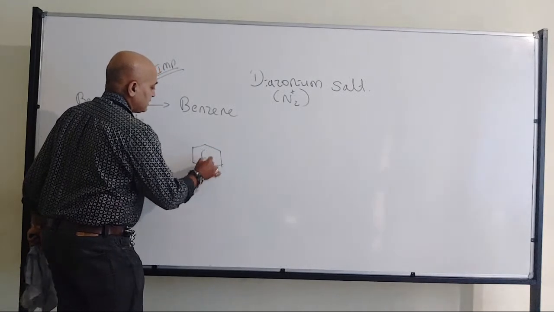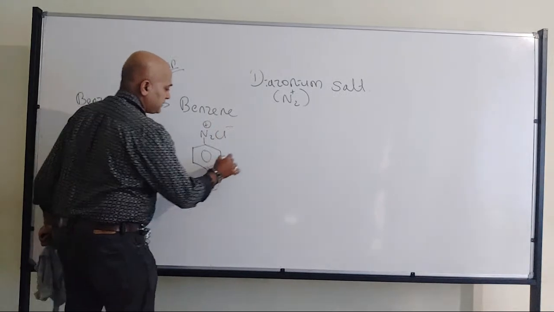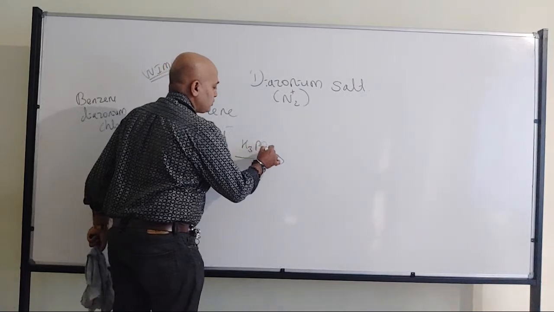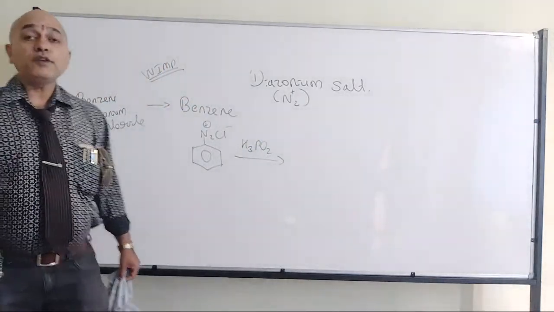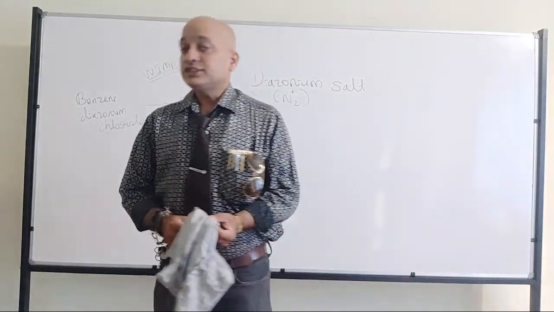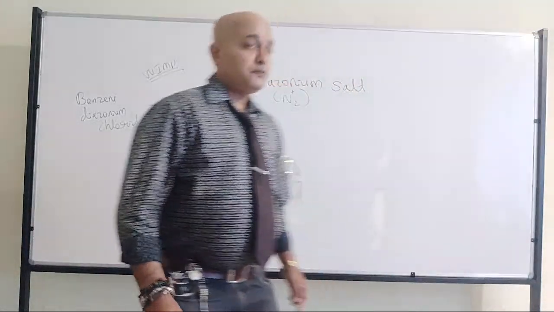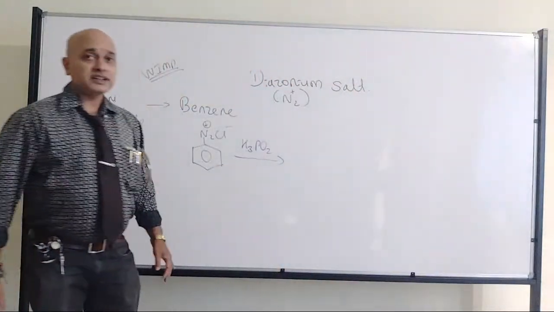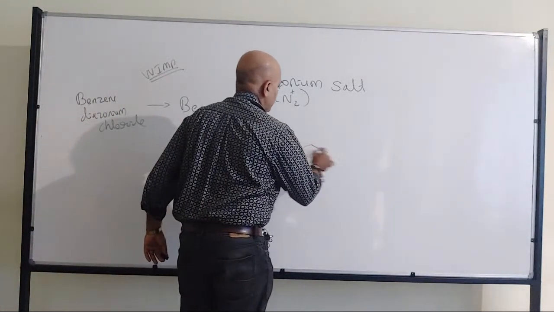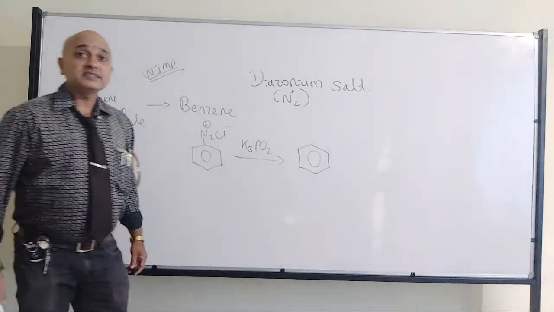I have the benzene diazonium chloride. When it is treated with H3PO2, that is nothing but phosphinic acid, hypophosphorous acid. H3PO2 means hypophosphorous acid. When I treat with hypophosphorous acid, it will get converted into benzene.